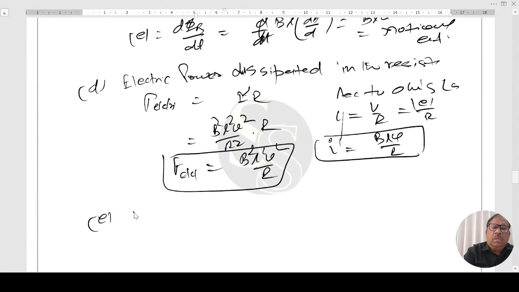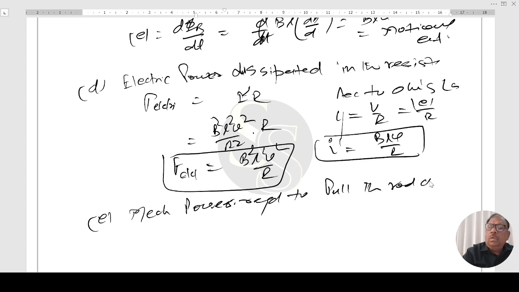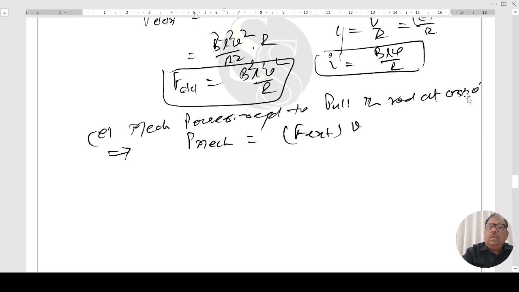Next part is the mechanical power required to pull the rod at constant velocity. P mechanical will be equal to F external into V. Here F external will be equal to F ampere, that is BIL.